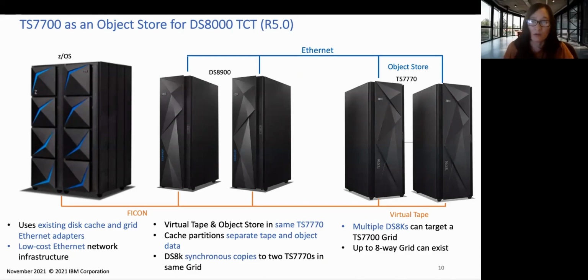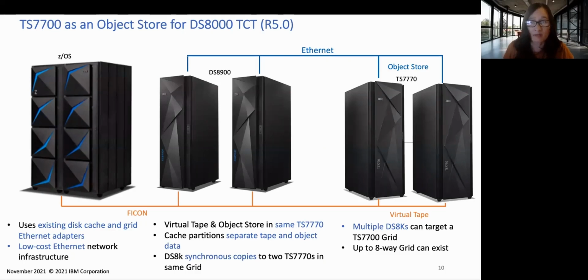So, you don't have to implement additional FICON to get this. And in fact, it will reduce your FICON workload by utilizing your Ethernet as well as a way to transport that same data. So cost savings there, where you don't have to keep growing that more expensive network infrastructure.